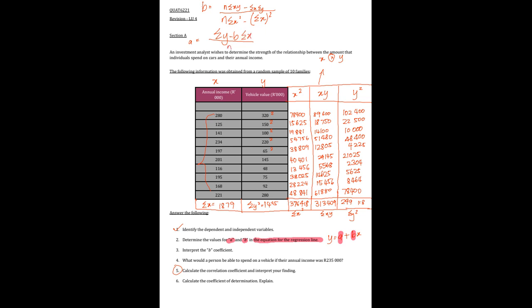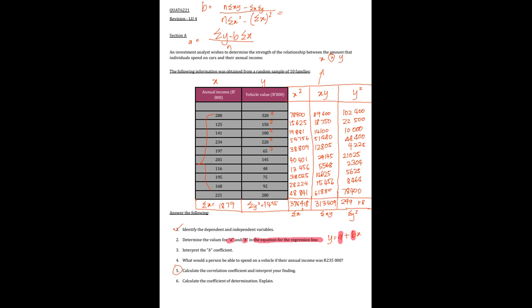So we know the formulas for A and B. We can now pull through from the table and substitute for the values of X and Y. So we always start off with B, as I said. So this would mean, and I'm just going to do it next to it here so that we have enough space.